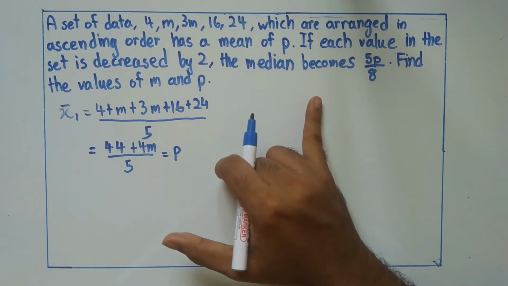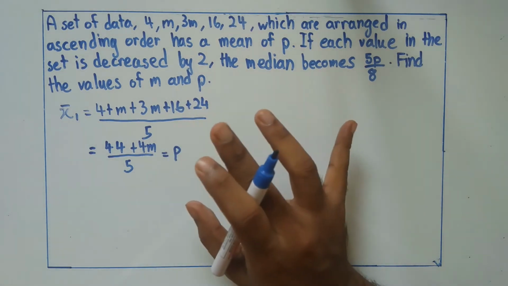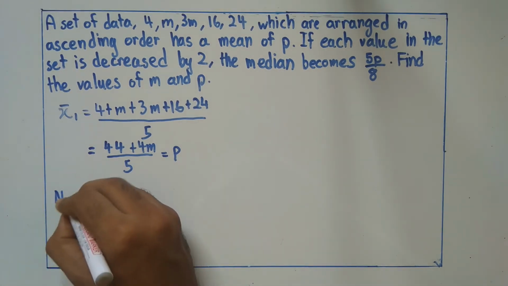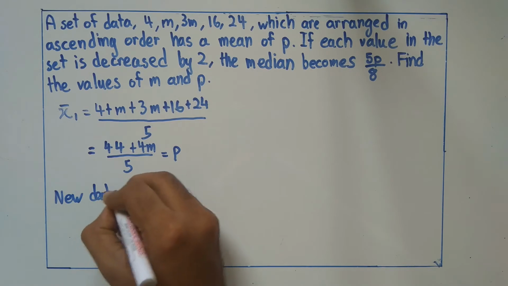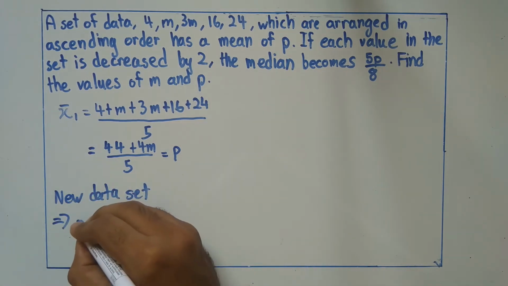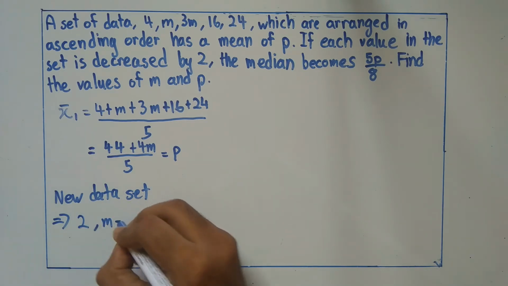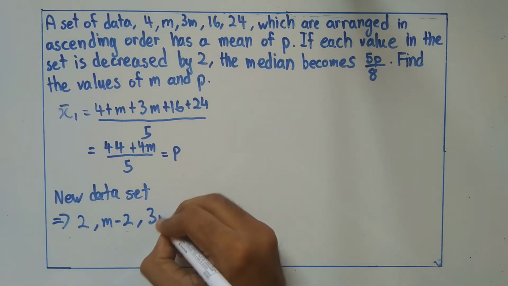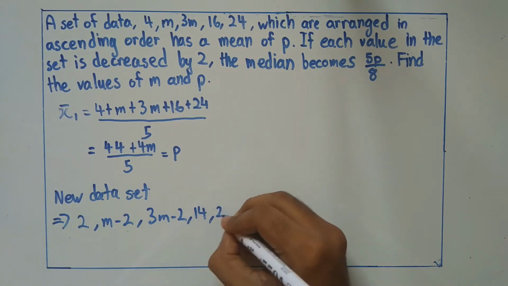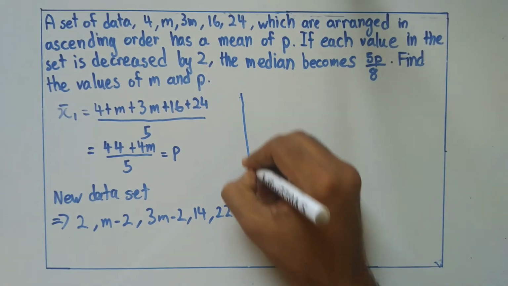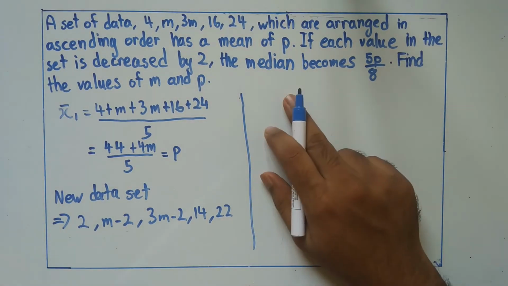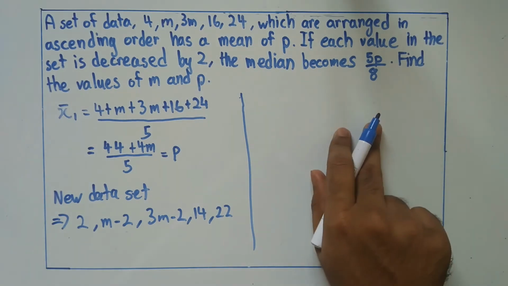Now, in the second dataset, each value is decreased by 2. Your new dataset will be 2, and the median becomes 5p over 8.